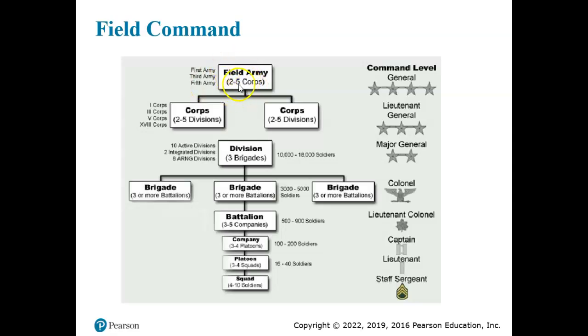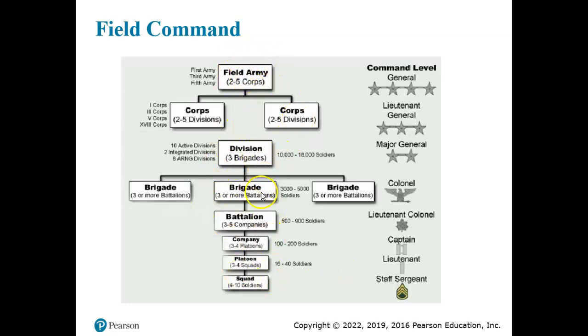So the first level of the hierarchy is which army it is. There's the First Army, the Big Red One, the Third Army, a Fifth Army. Those are organized into corps, and the corps are made up of divisions, and the divisions are made up of brigades, and you can start to see the scope of it as we move further down, and also which rank is basically in charge of each. Brigades are broken down into battalions, then companies, then platoons, and then squads.